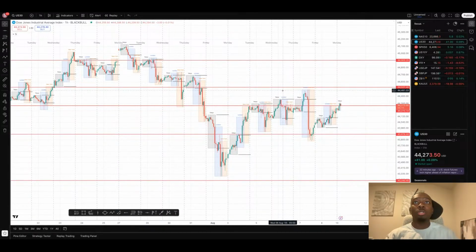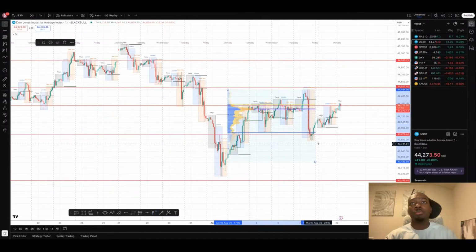But what I want to do is use my volume tool and mark out from last Monday to last Friday, knocking out some key levels where volume was definitely prevalent. I don't know if I said that right, but y'all know what I'm talking about. All right, I got some key levels.